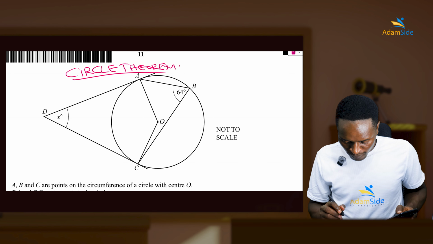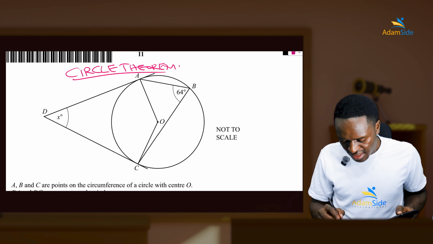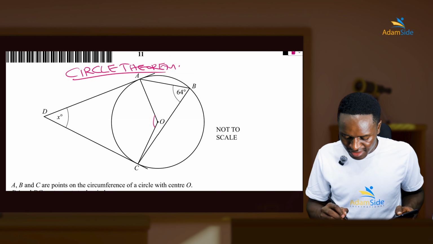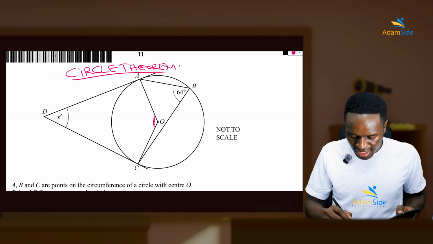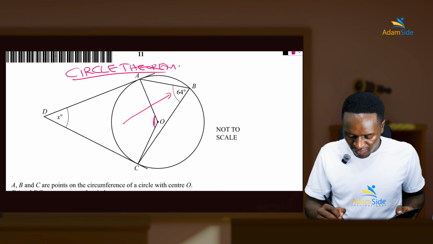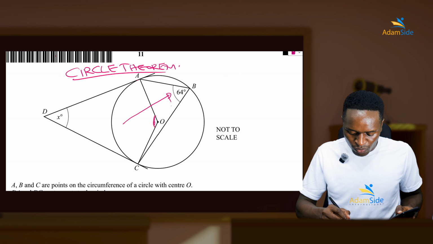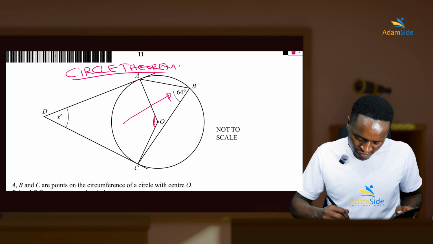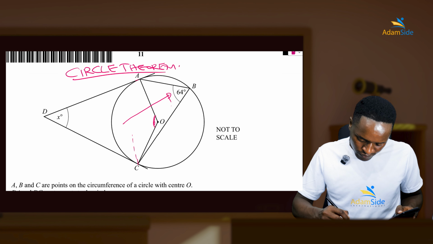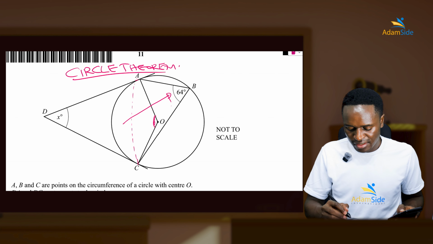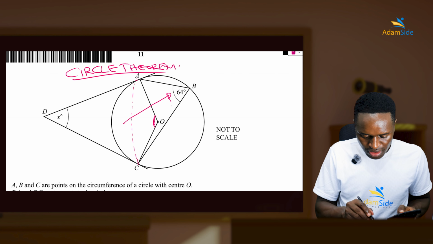If this angle is 64, the angle at the center is double the angle at the circumference, because they are covered by the same chord AC. We have arc AC, or you have an imaginary chord here. Let me draw it so that it can look like a chord.